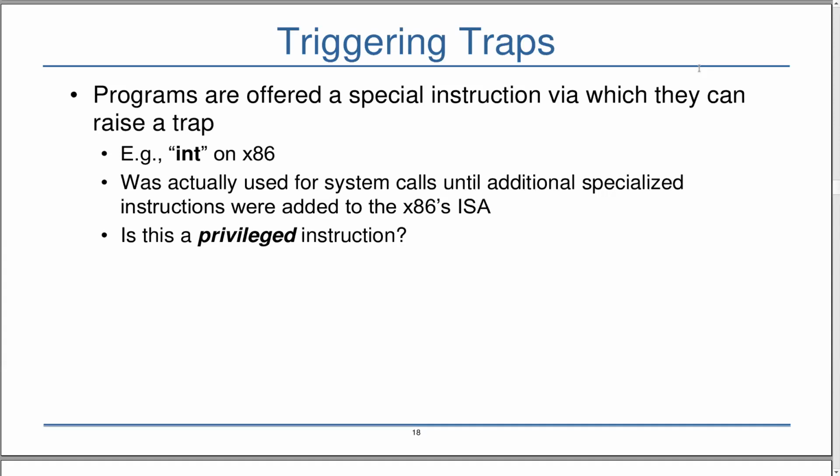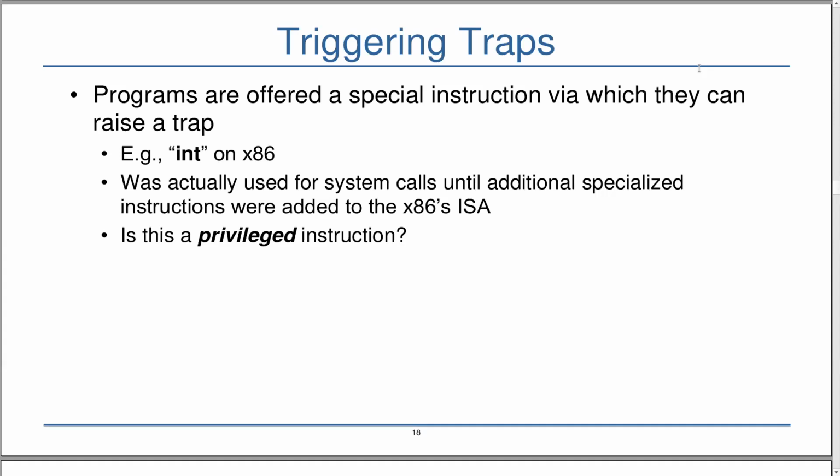A trap is something that is triggered inside your CPU, some internal event. You're trying to execute some instruction which is not supported, or access a privileged instruction, or maybe divide by 0.